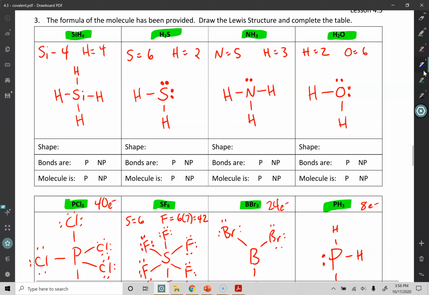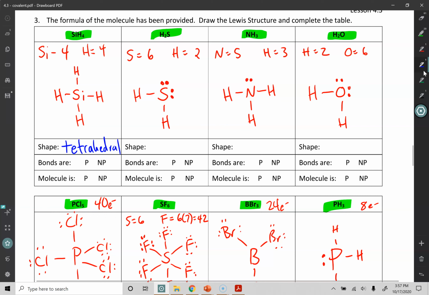I've got my central atom, 4 atoms bonded to it, no unshared pairs of electrons. That's a tetrahedral shape. And unfortunately, it's unlikely that you can just stare at that molecule and think really hard and have the word tetrahedral magically appear in your head. So it is going to take some memorization and some repetition, just the way it goes.